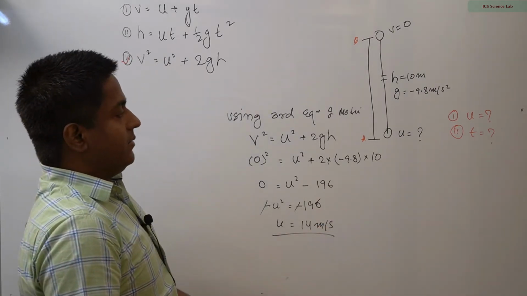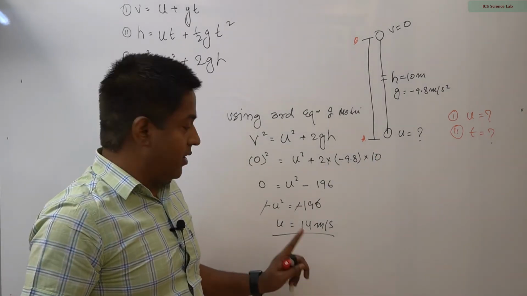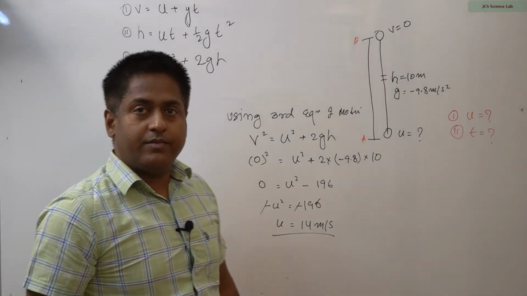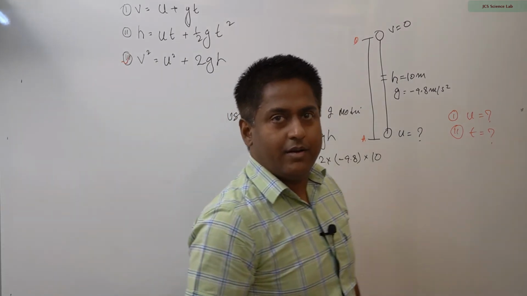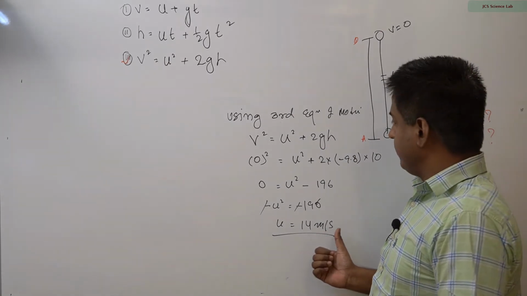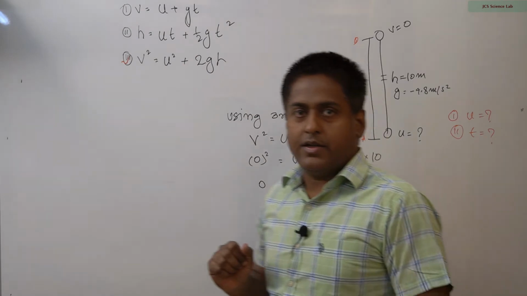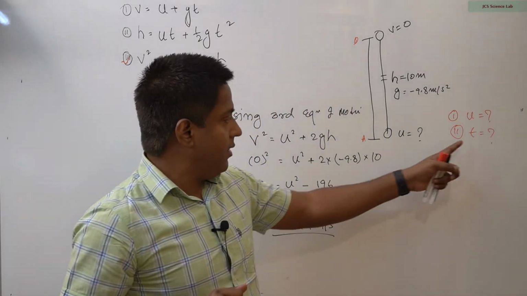It means that the object was thrown with an initial velocity of 14 meter per second. That's easy, na? Simple. Second part of the question, that is time. How to calculate time?